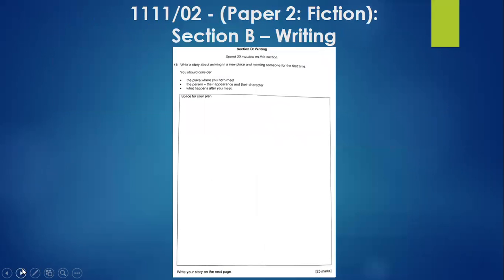Now, let's look at the section B, writing. In paper 2, this is an example of a narrative writing. Write a story about arriving in a new place and meeting someone for the first time. So you could be given some points to help you plan your essay better. This is for paper 2.